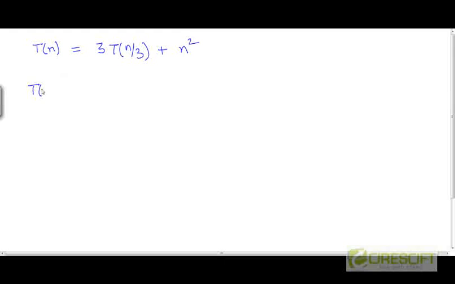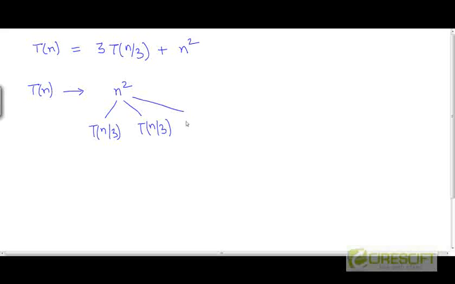We start from a single node T of n, and then we expand this node by substituting the terms on the right hand side: 3 times T of n by 3 plus n squared. We make n squared the root, and we make T of n by 3 the child.